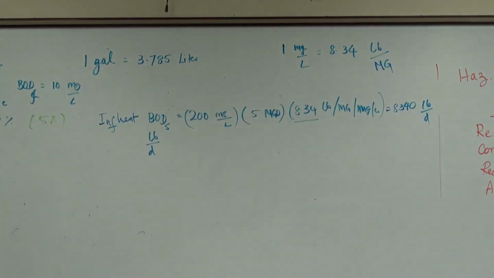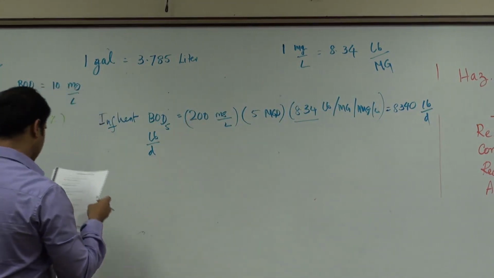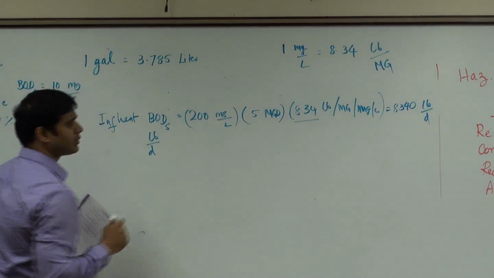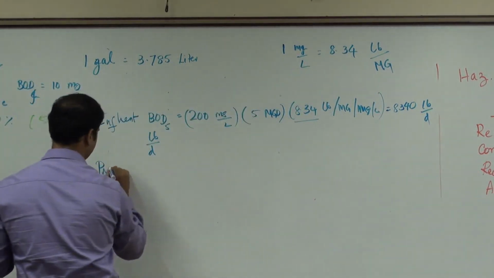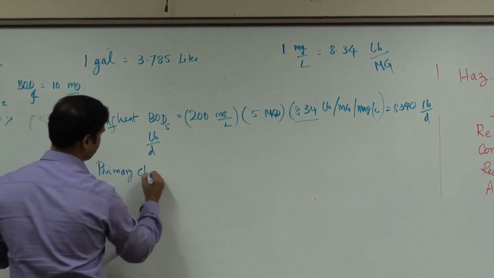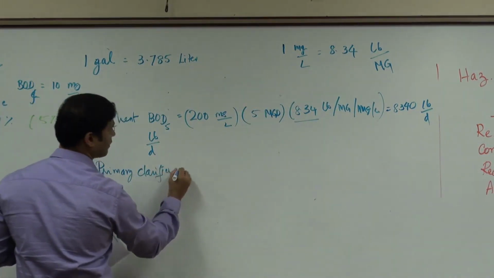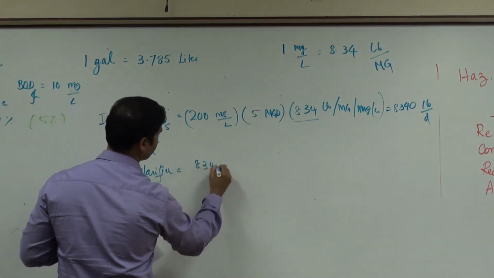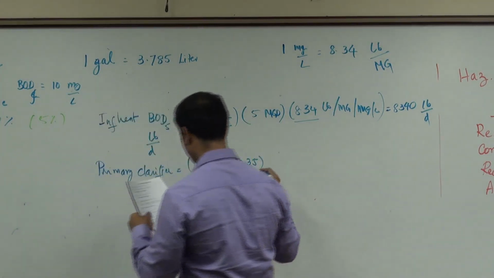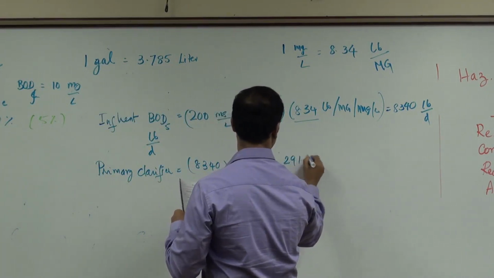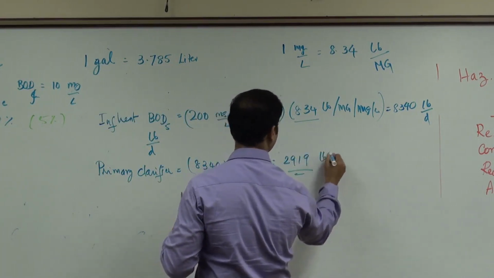So I know now the starting point. That gives me how many pounds I have. Then the second step, 35% of it was removed in the primary clarifier, therefore you have 2919 that was removed.